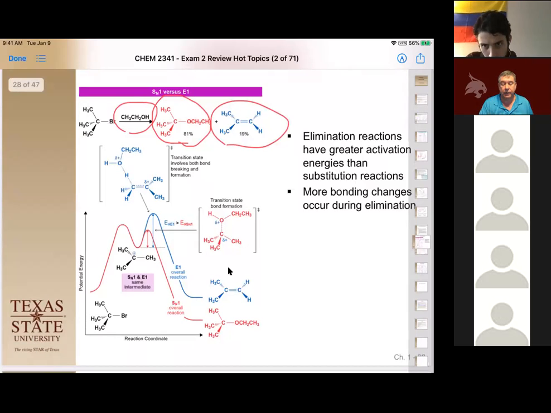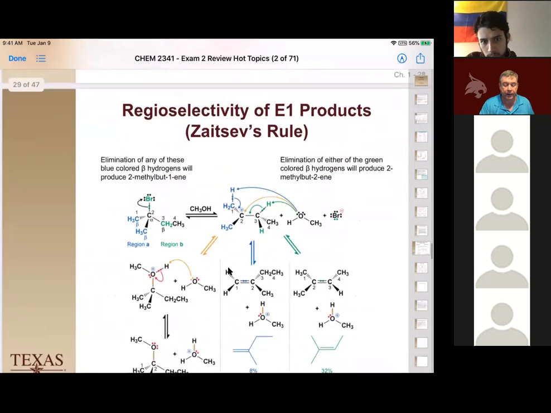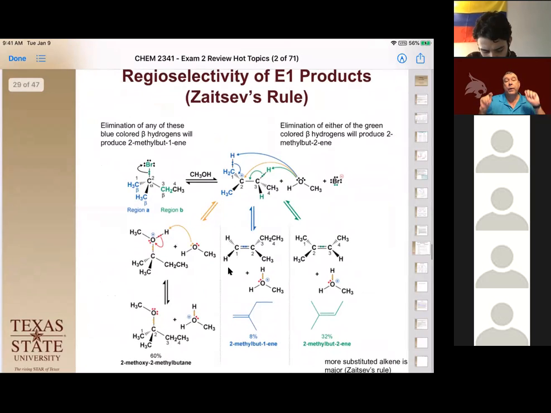And we have a compare and contrast at the end. Okay. Now, which beta hydrogen is removed, if we don't have a big bulky base, you follow Zaitsev's rule. Zaitsev's rule says you will form the more substituted double bond if you have a small non-hindered base. Okay, so you've got to remember that.